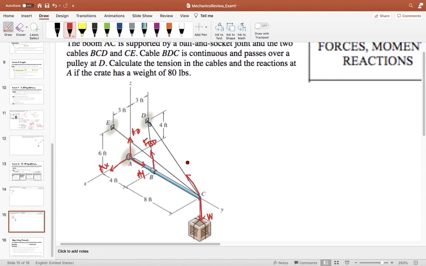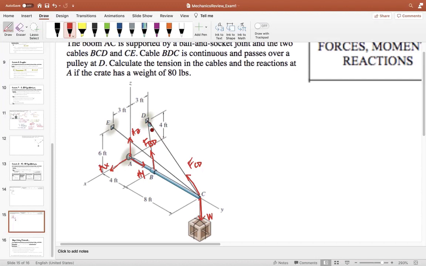This is FBD. This is FCD. However, because of this pulley, I don't know how familiar everyone is with pulleys. It's the same force, because it's basically the same cable going through the pulley system. Hey PJ, hot mic. You have the same cable going all the way across this pulley and it's just resting on it.